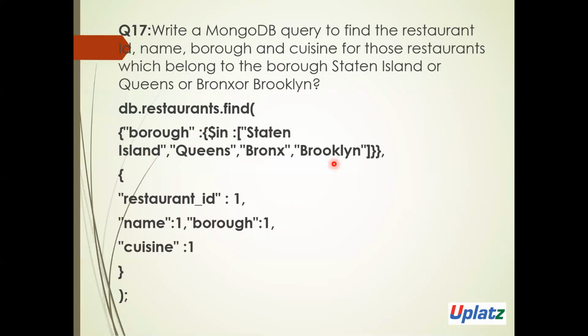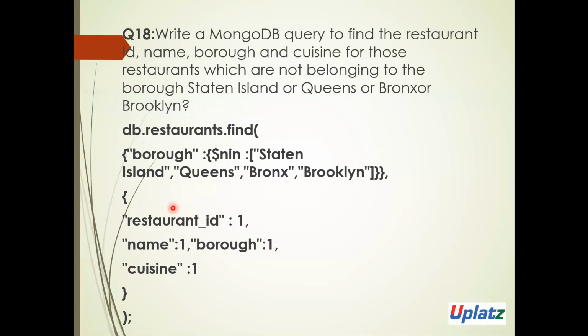So it should belong to any one of them. So I have used the in operator. If any one of them matches, I need to return the restaurant ID, name, borough and cuisine for that particular thing.